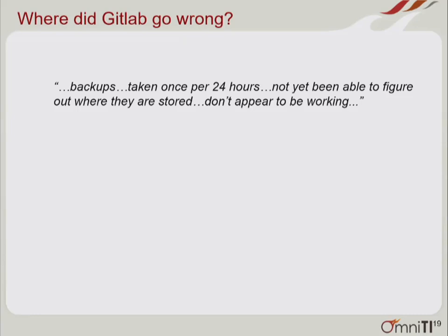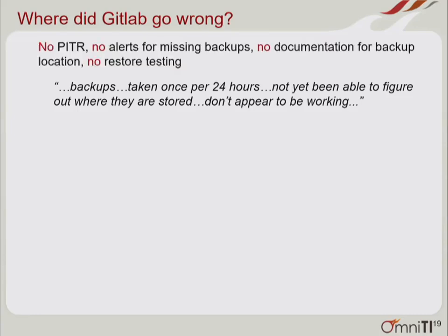They don't appear to be working. That shows that it did not have point-in-time recovery in place, so the newest that they had were 24 hours old. No alerts for missing backups. They did not know if they were working. No documentation. They did not know where it was stored. And no restore testing, obviously, because they did not know the rest of the things.